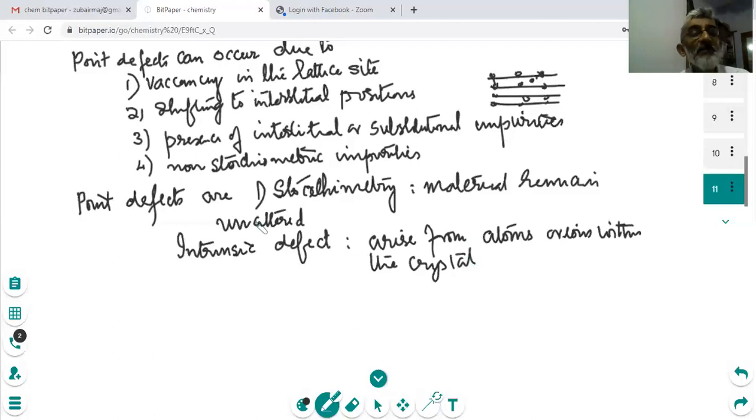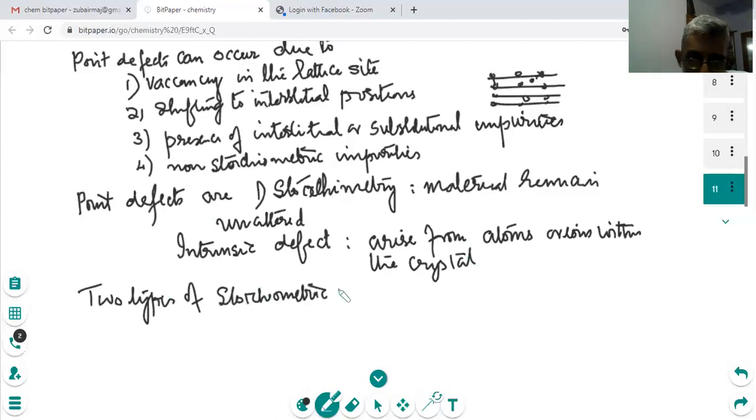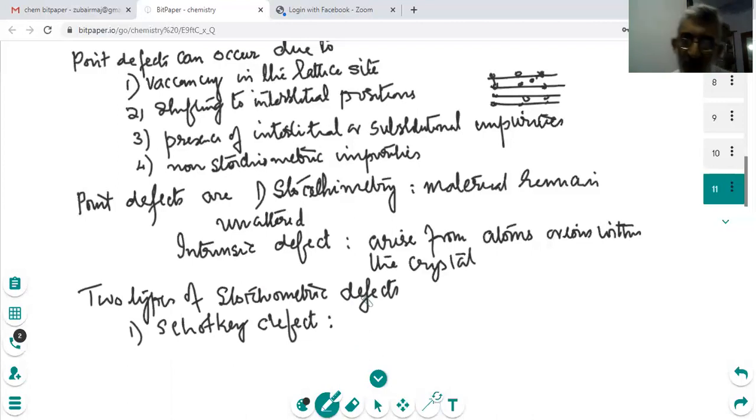Now, for the stoichiometric defects, we have two types. One is the Schottky defect.